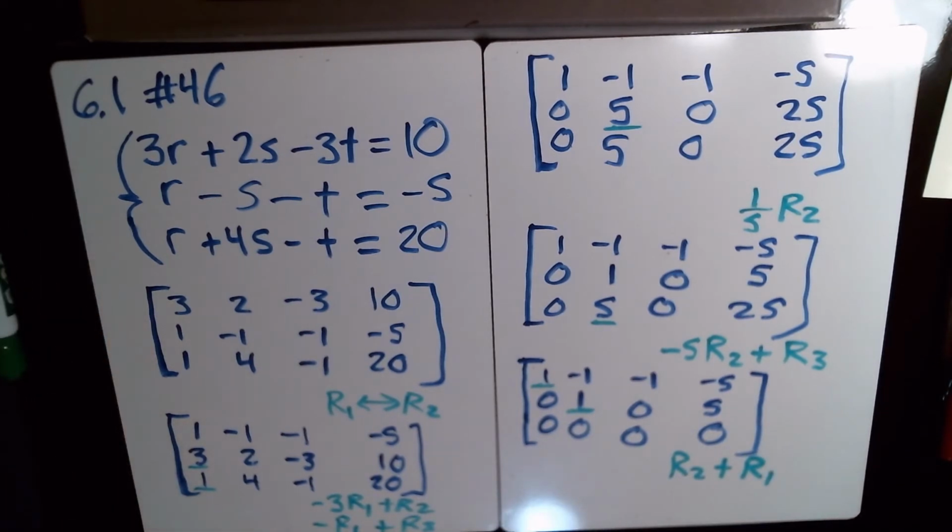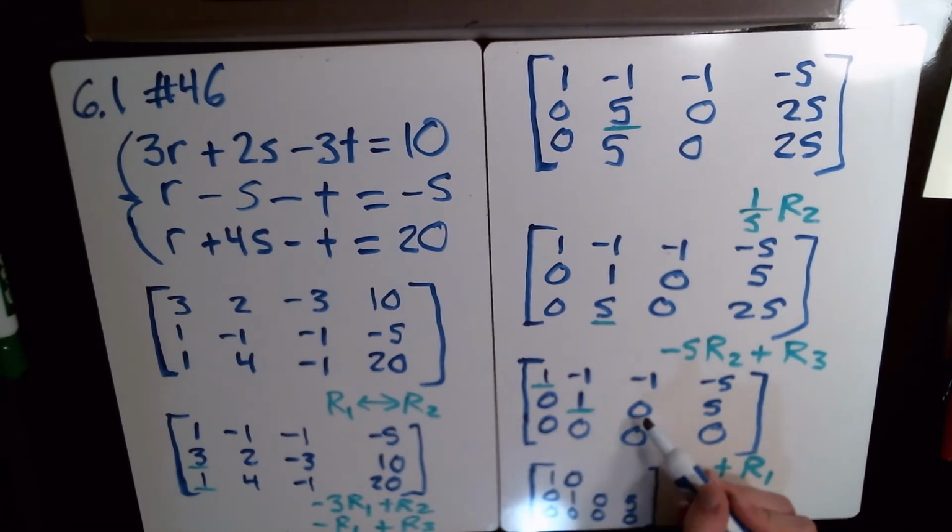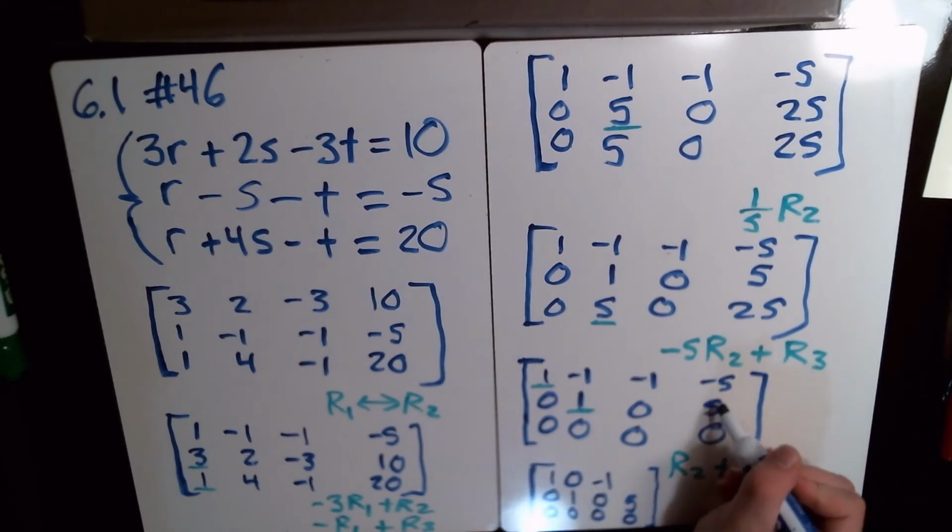So our final matrix here in reduced row echelon form is: these two stay the same, and then this one, when we do 1 plus negative 1, it's 0. 0 plus negative 1 is negative 1, and then 5 plus negative 5 is 0.